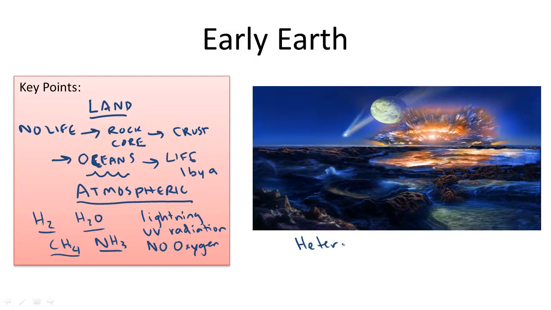But now I just want to talk very briefly about one hypothesis about how the first life on Earth, about 1 billion years ago, may have formed, and also what it may have looked like.